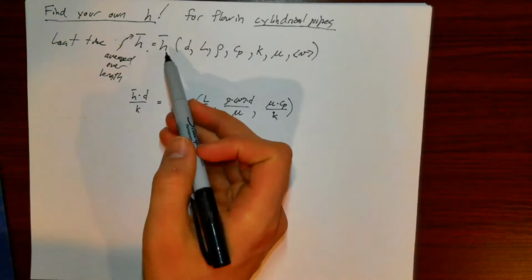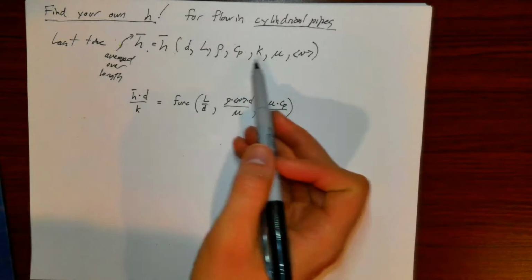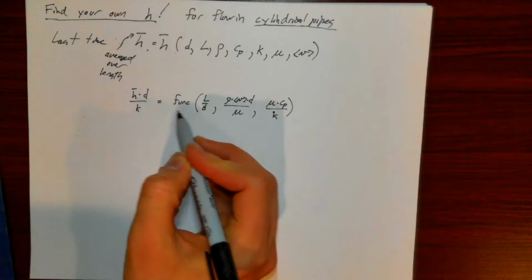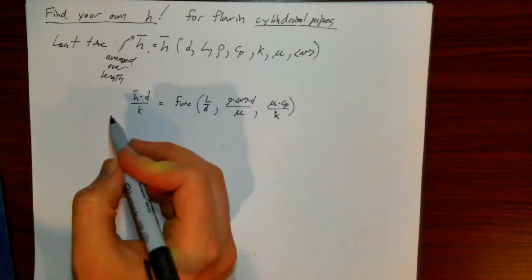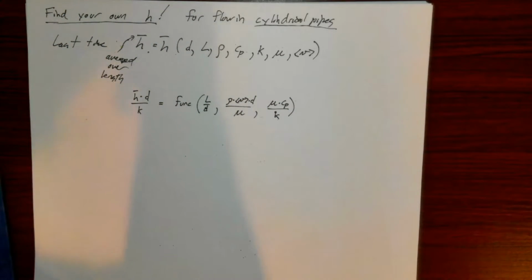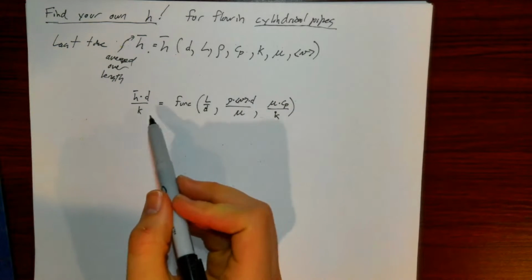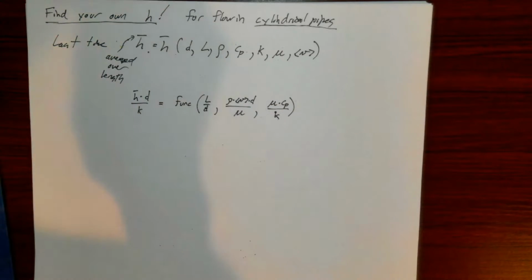So rather than having one function of 7 variables, we have a ratio as a function of 3 other ratios. And this non-dimensionalization proved to be very useful because, for experimentalists, it basically cut down on the amount of work that they needed to do.